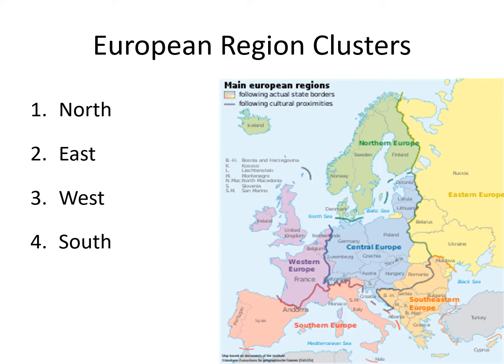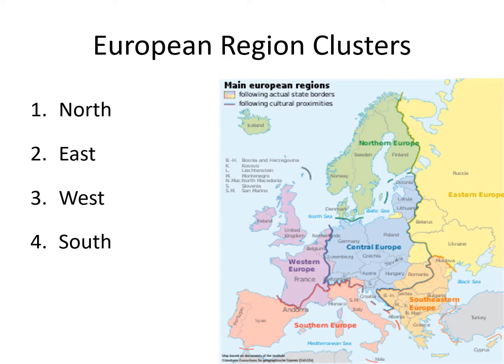The eastern region consists of Belarus, Bulgaria, the Czech Republic, Hungary, Poland, Republic of Moldova, Romania, the Russian Federation, Slovakia, and the Ukraine. The western region consists of Austria, Belgium, France, Germany, Liechtenstein, Luxembourg, Monaco, Netherlands, and Switzerland.